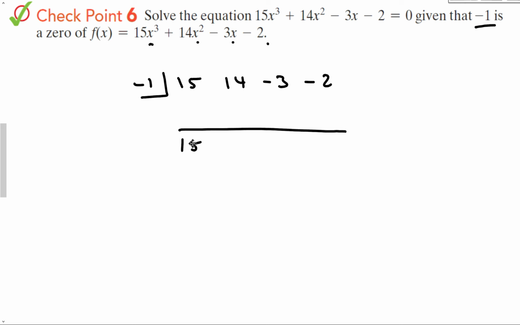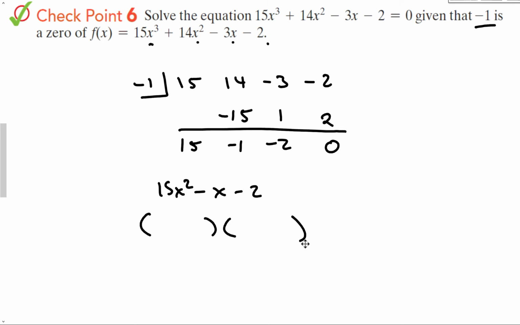Bring down the 15, multiply, add, multiply, add, and multiply. And if you didn't get 0, you probably should check your work because I don't think the question is going to lie to you. Right? So it's given that -1 is a 0. The reason why we actually did this is to get my resulting equation, 15x squared minus x minus 2.